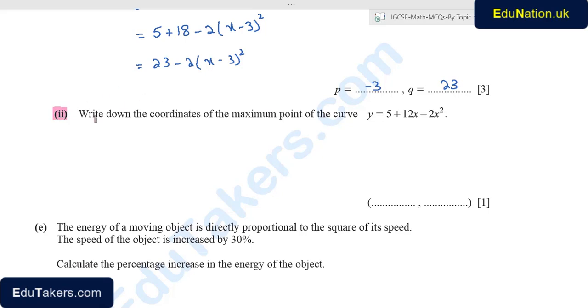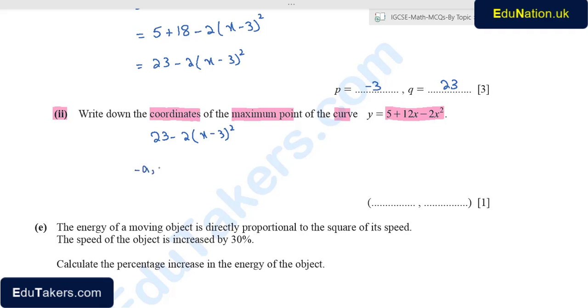Its second part is write down the coordinates of the maximum point of the curve y is equal to 5 plus 12x minus 2x square. So it is written in the form 23 minus 2 into x minus 3 whole square.